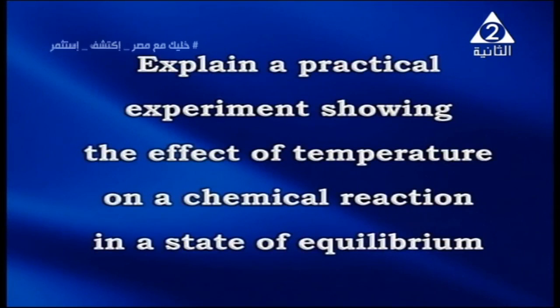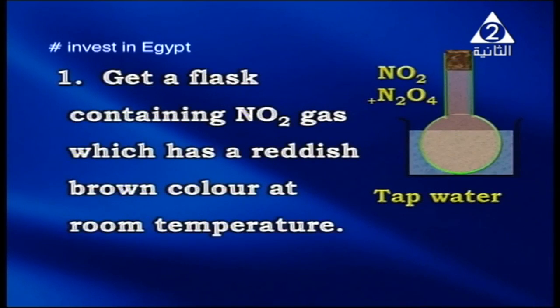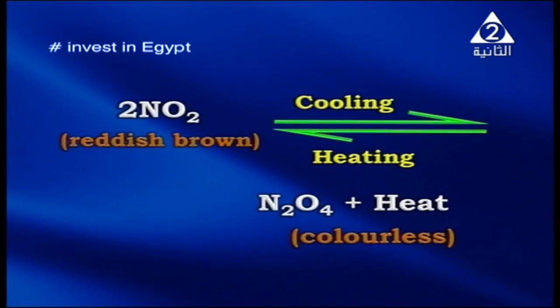Next type of question: explain a practical experiment showing the effect of temperature on a chemical reaction in a state of equilibrium. As shown on the screen, get a flask containing nitrogen dioxide gas, which has a reddish brown color at room temperature. As shown on the screen, the equation 2NO2, reddish brown, on cooling gives N2O4 and heat, and by heating the reaction reverses.